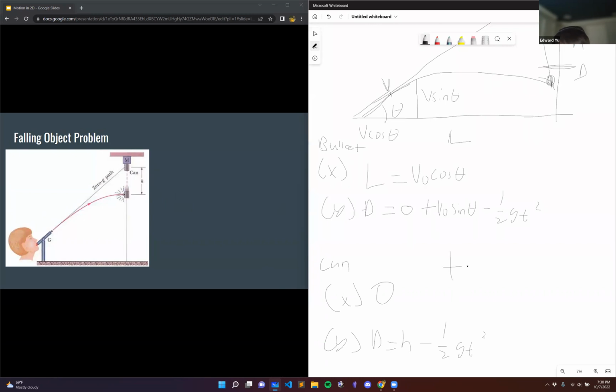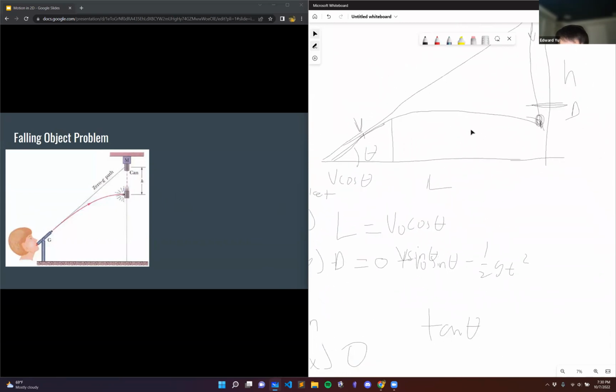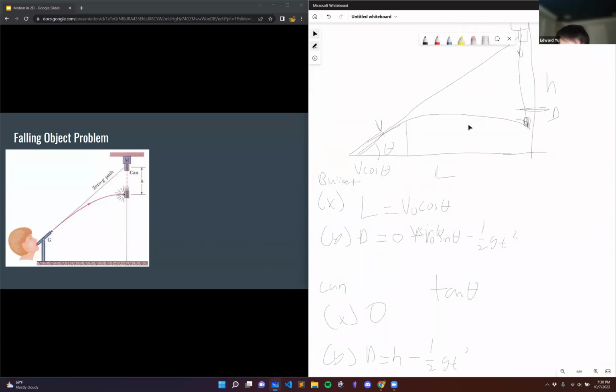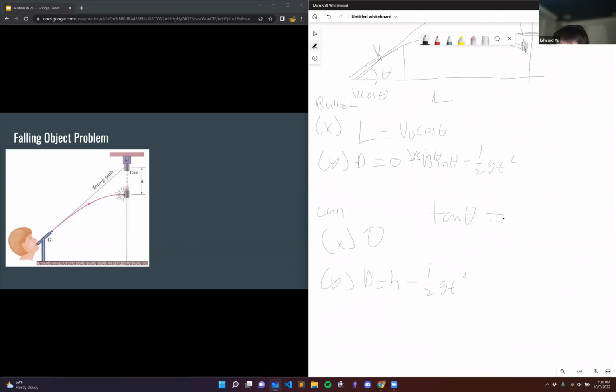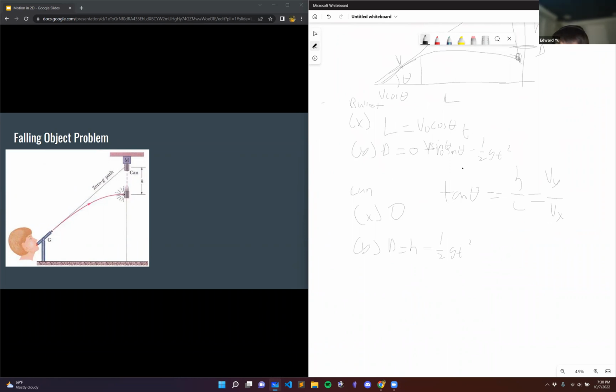So we already know that, for example, tangent theta in this entire triangle would just be equal to opposite over adjacent, so h over L. And we also know that it's equal to Vy over Vx. So we can write this now as, oh shoot, sorry, this is times t as well. This is V sine theta times t.